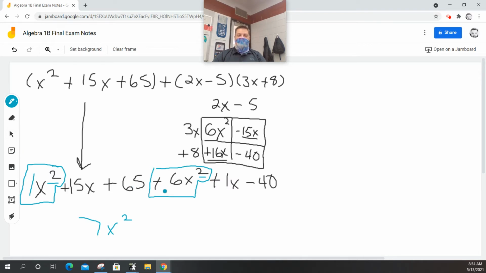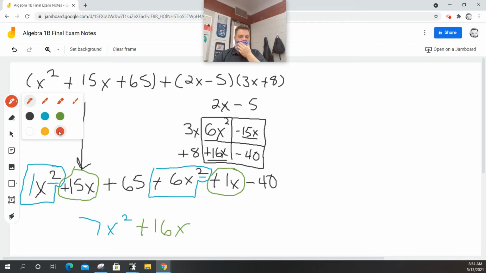So 7x squared, then what do I need to add up? The x to the first power, right? So I've got 15x to the first power plus 1x to the first power. What's that equal? 16x. And then now what do I have to add up?